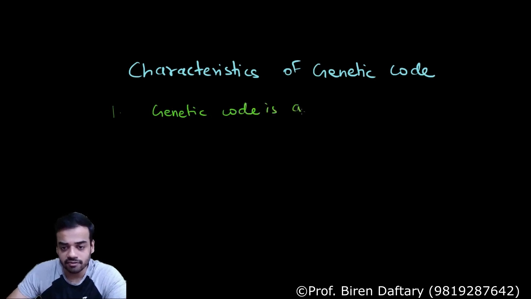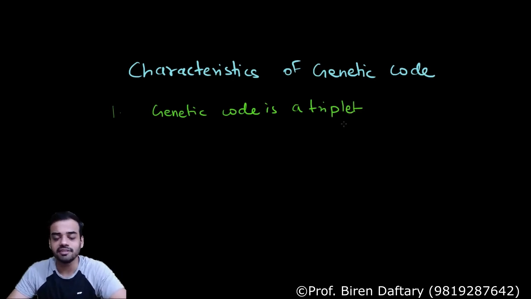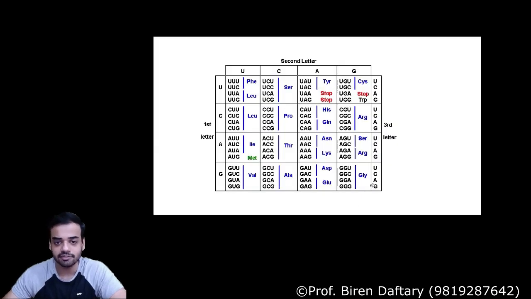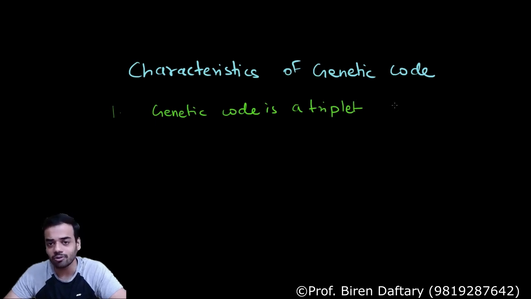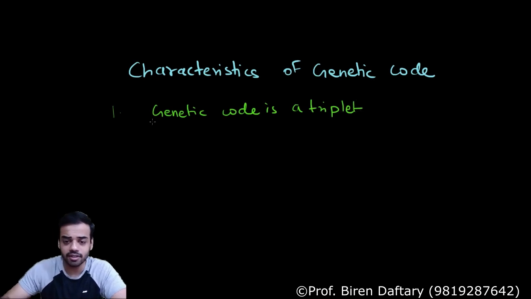This is a very simple characteristic because it is self-explanatory. This is your genetic code which we studied yesterday, and all the codons, if you see over here, are made up of 3 nucleotides. That is what this characteristic explains, that all the codons are triplets. None of them is a doublet, none of them is a singlet.